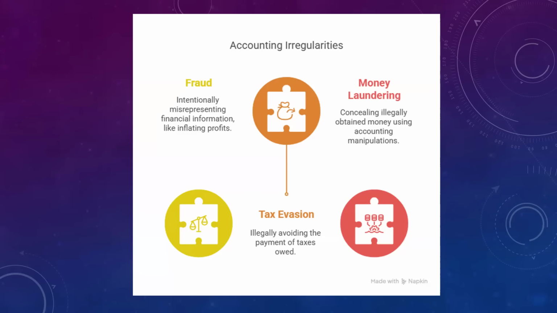Tax evasion is using illegal means to avoid paying tax. So I make a set of money. I decide to open a bank account in Switzerland and put my money there to try and hide it from the government. There's also fraud.